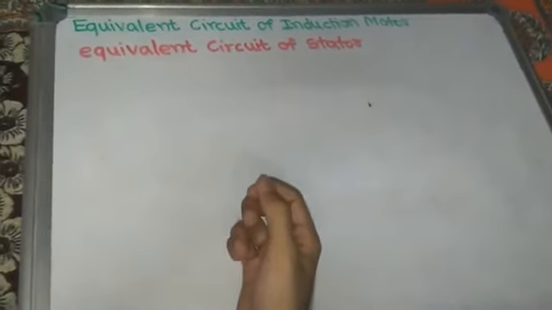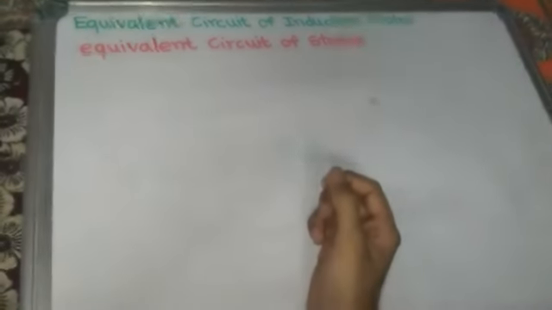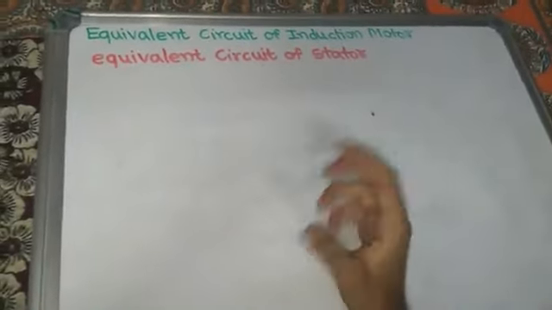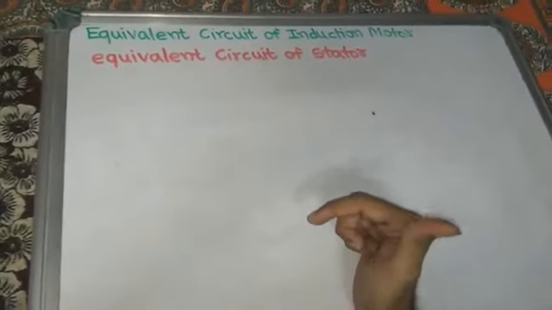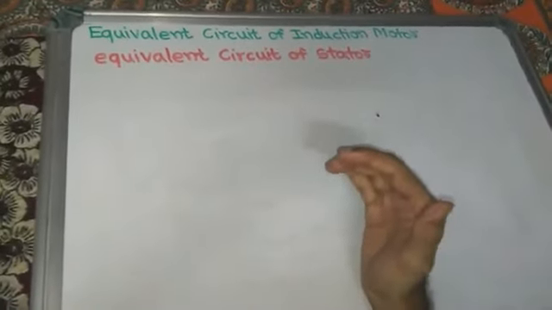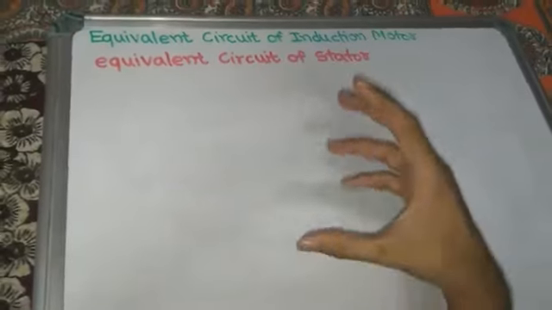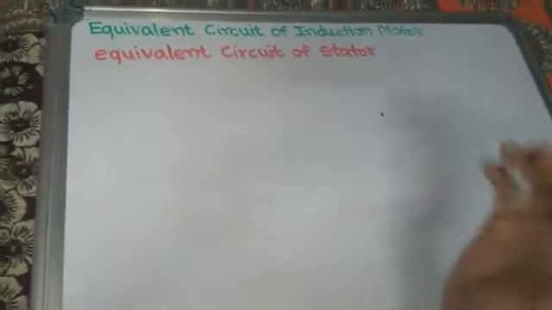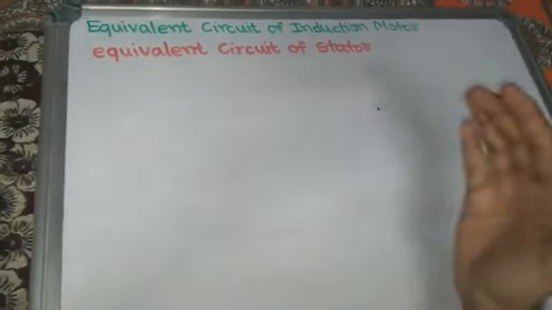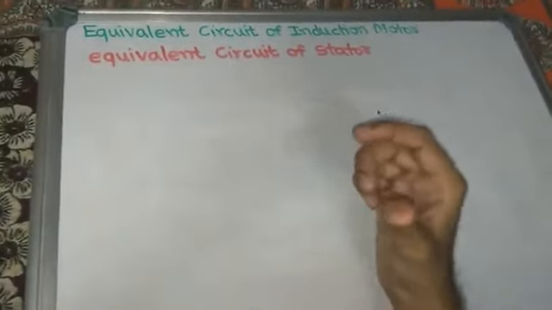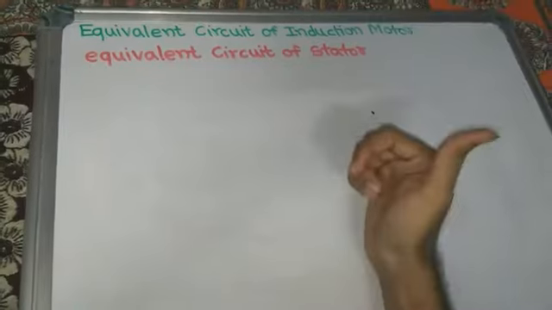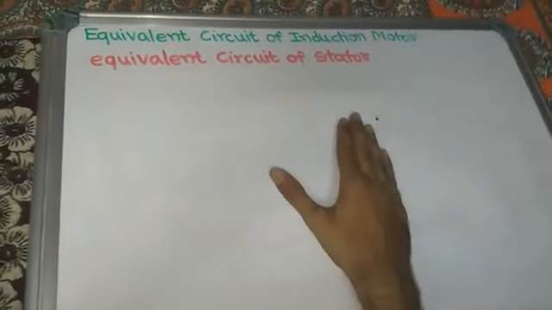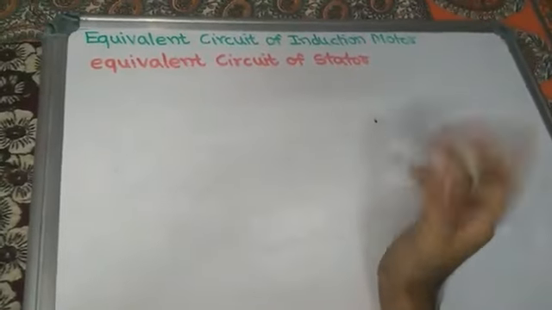If three-phase AC supply is given to the stator winding, a rotating magnetic field is developed, and due to that resultant flux, EMF is induced in the rotor winding and it produces current. So electromagnetic induction takes place in a three-phase induction motor also. So an induction motor may act as a generalized transformer.